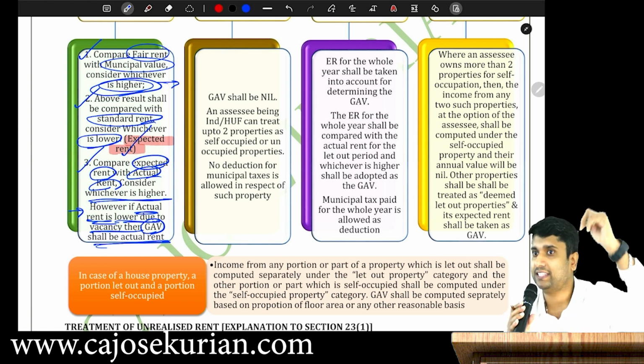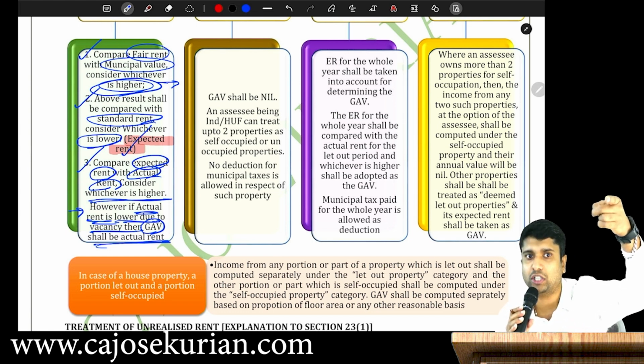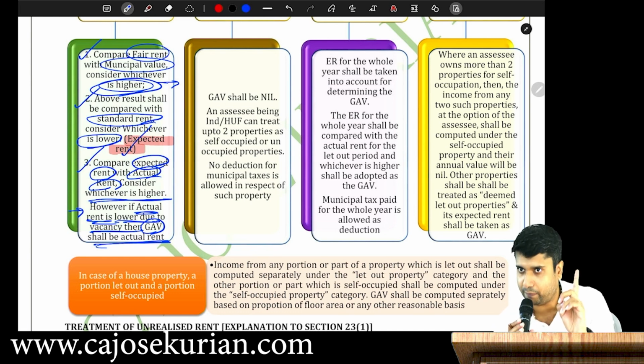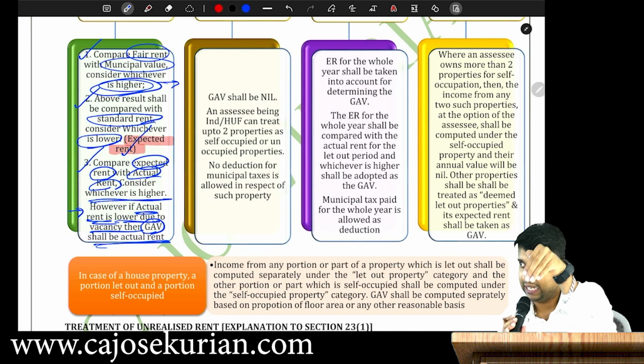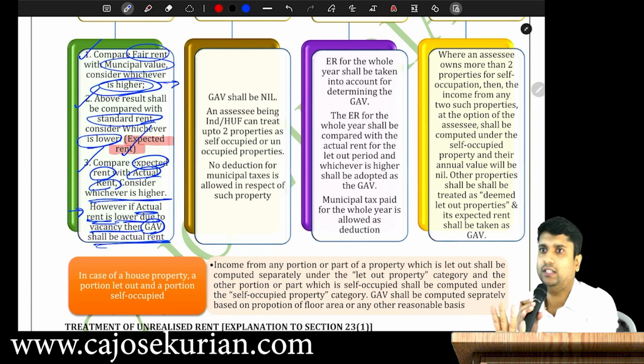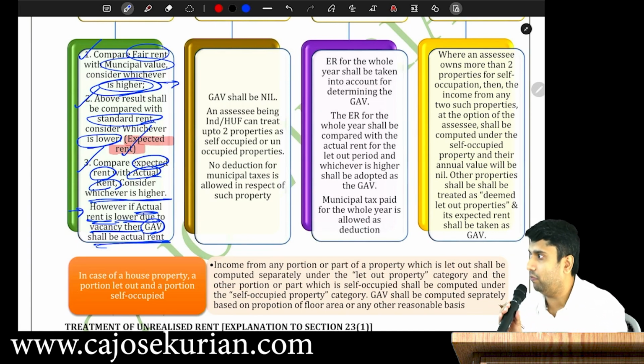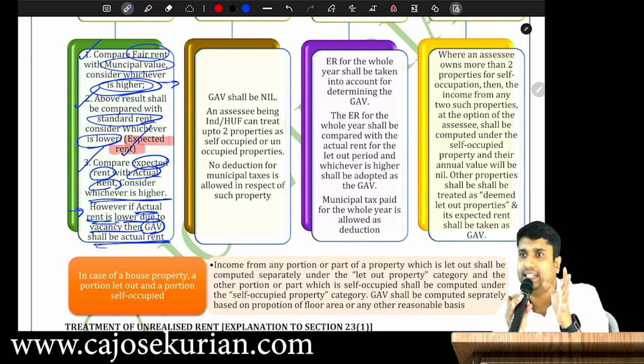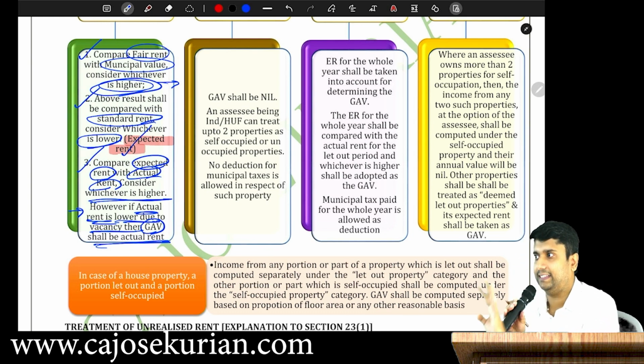Normally, whichever is higher, expected rent or actual rent, is the GAV. But if the actual rent is less due to vacancy, it is not your problem; you can take the GAV as the lower actual rent itself.